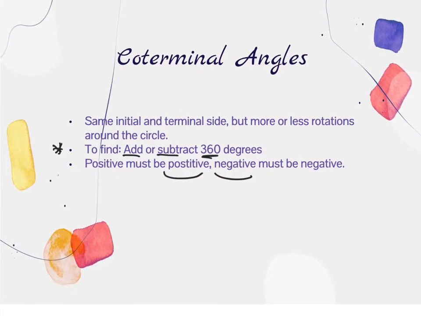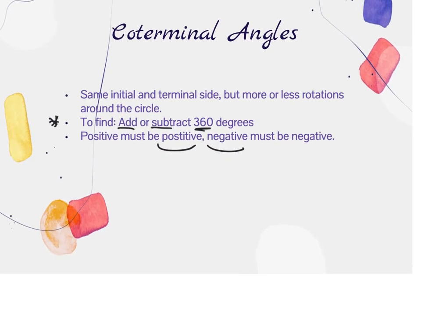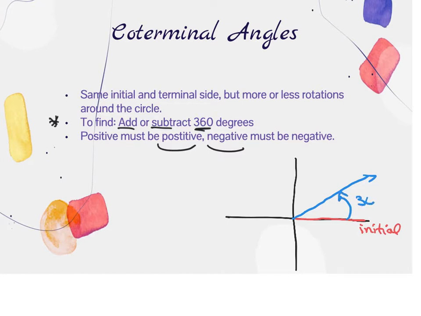So for example, let's say I graph a 30 degree angle. My initial side is here. It's where I'm starting out. And let's say the terminal side ends up here for the 30 degrees.